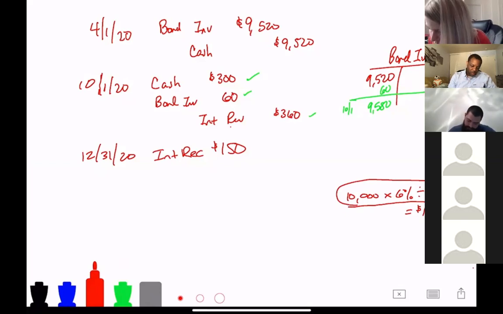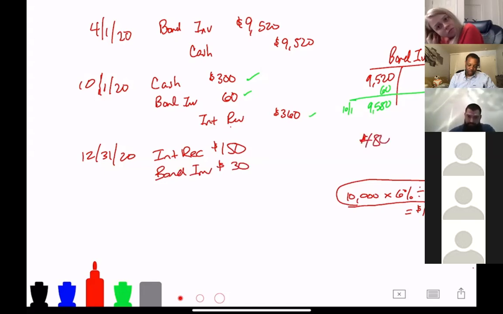We also have to increase our bond investment. By how much? Anybody? 30? Yeah, 30. We're increasing it by $120, right? So it's 480, right? That's our discount. Divided by 4, that'd be for the year.